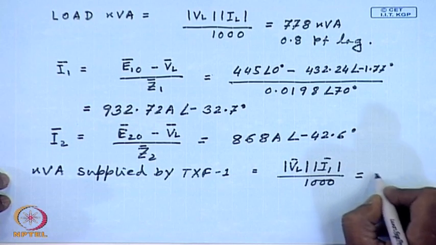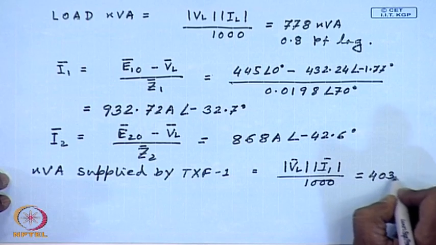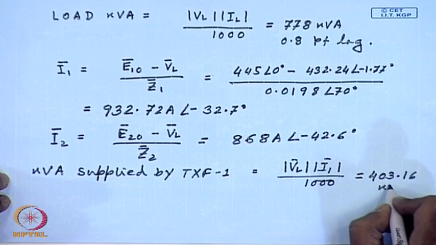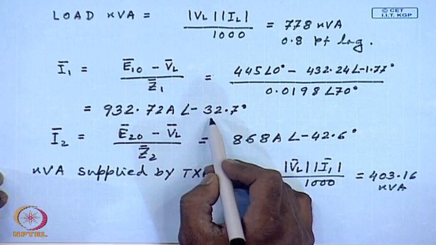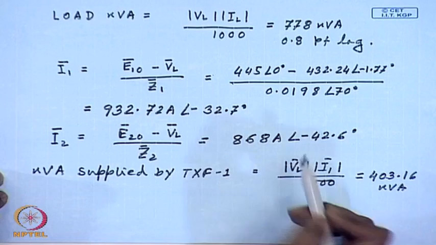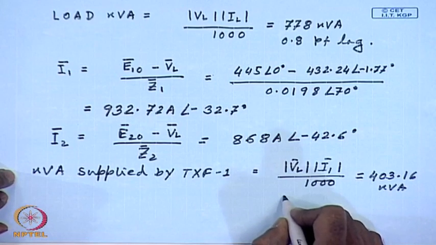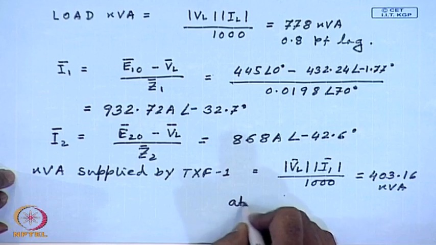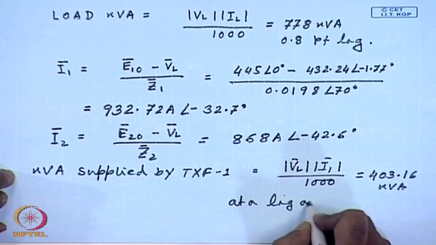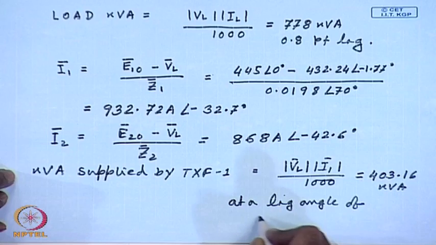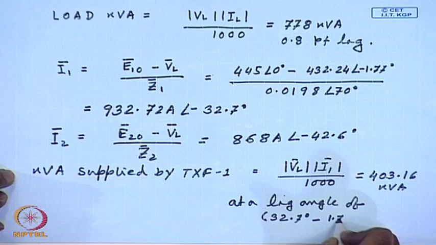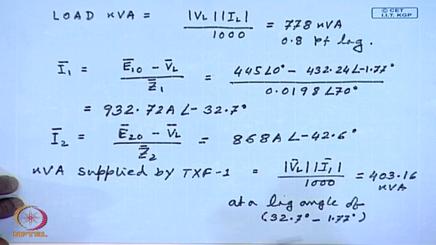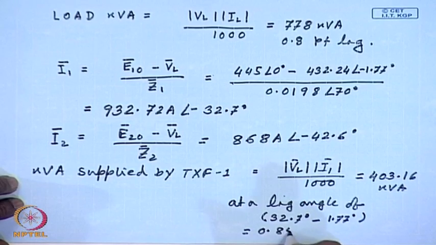This comes to 403.16 kVA at a lag angle of I1 minus the lag angle of VL, at a lag angle of 32.7 degrees minus 1.77 degrees, which gives a power factor of 0.858 lag.